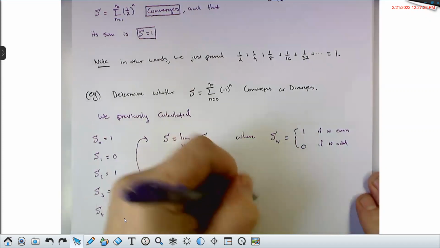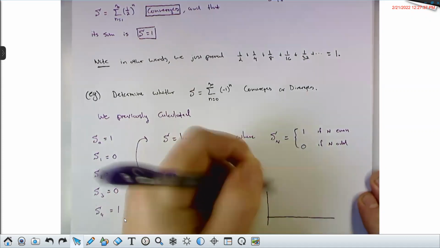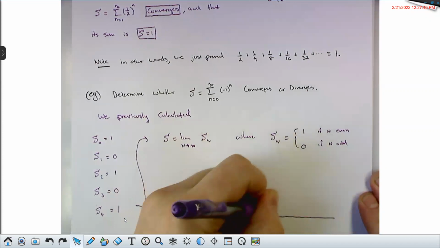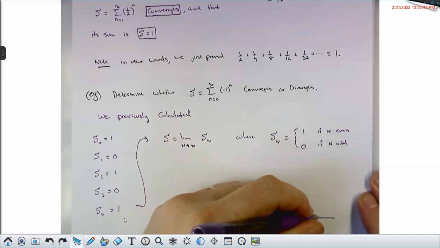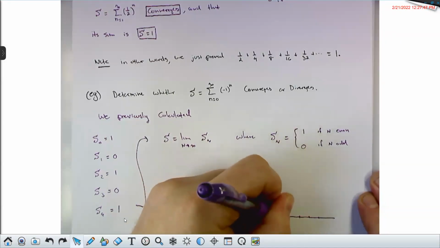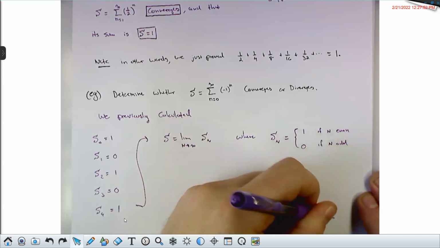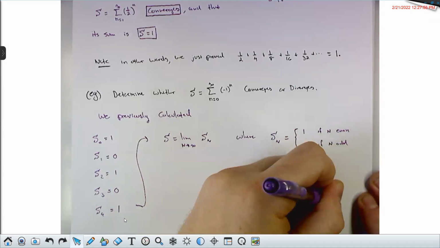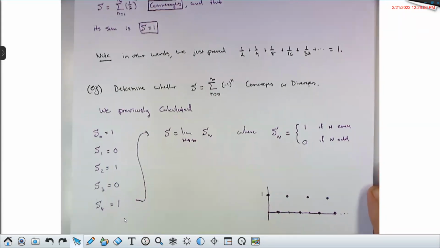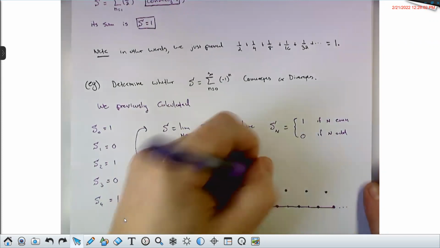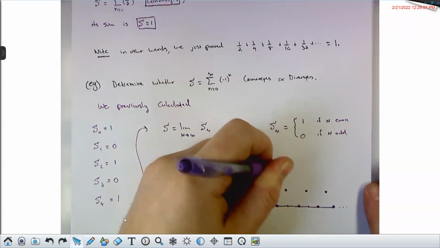If you want the graph of Sn here, that graph looks like this: 1, 0, 1, 0, 1, 0, and the next 1, 0 just goes on like that. So does this thing, Sn, have a limit?